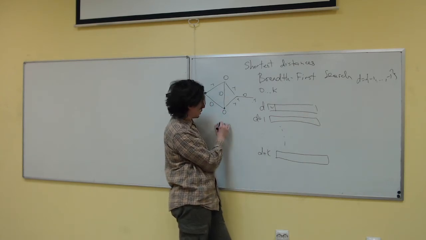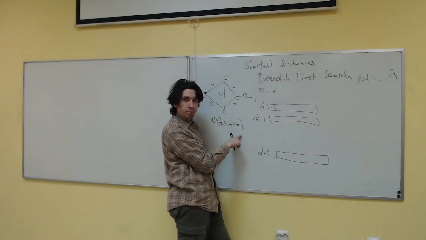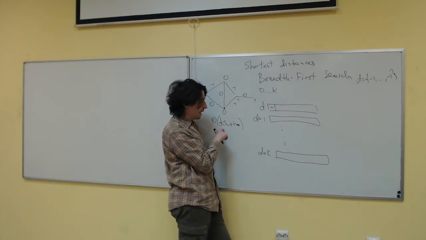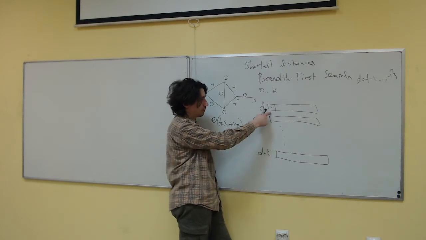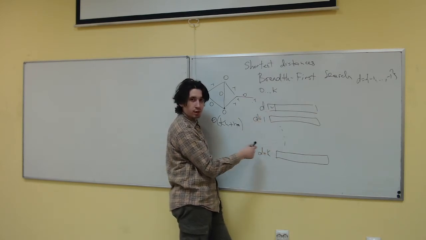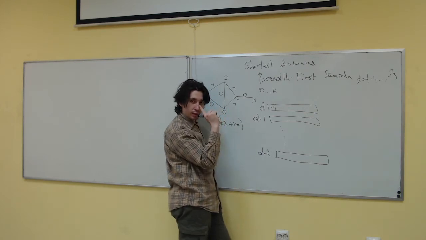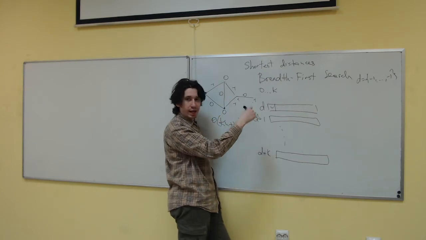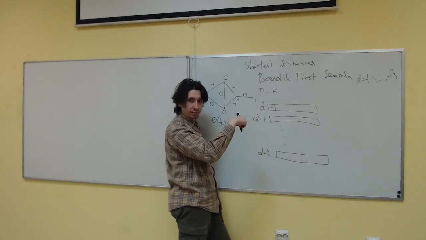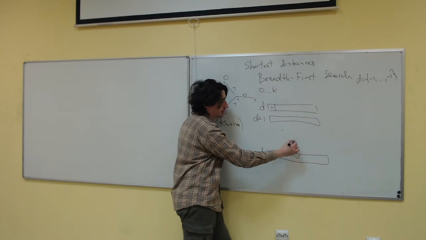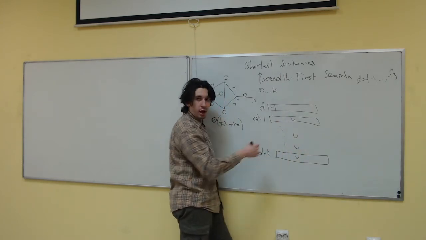And by that, in the time kn plus m, we can complete the algorithm. Why kn? Because one vertex can appear in all these sets but only once at the same time, because it was updated from another place, so there is a possibility that V will be everywhere.